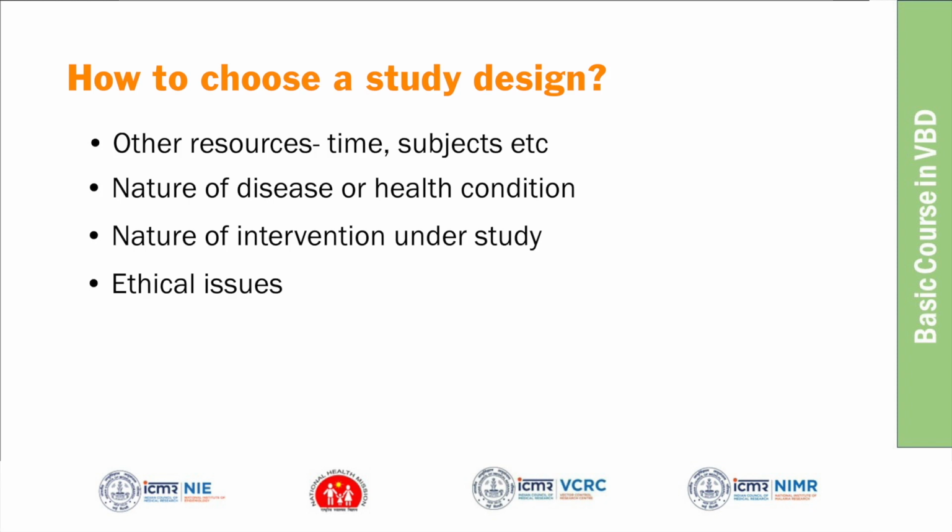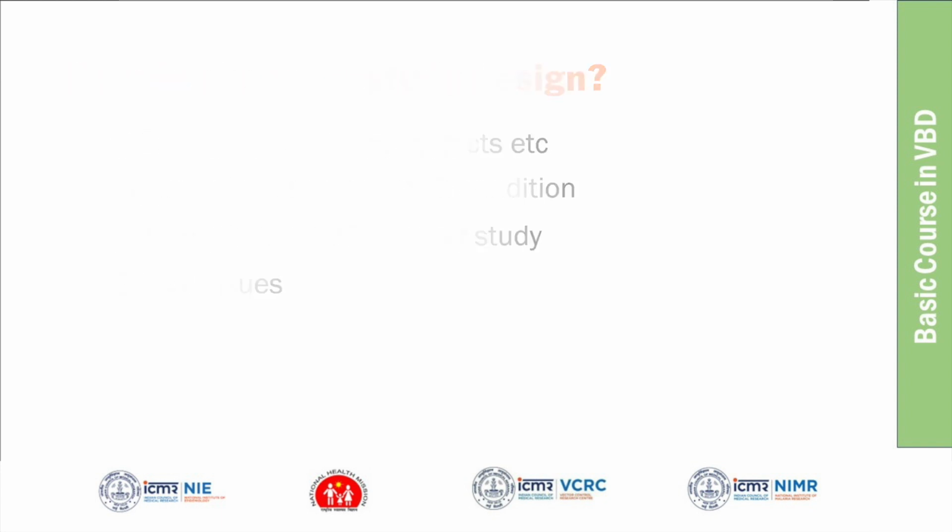So we always focus on human and animal participant protection. Research is done for the benefit of the community. So if we end up harming the community, physically, mentally, emotionally, financially, in any way, then the research is counterproductive. So ethical issues also should be in our mind when we are choosing a study design.